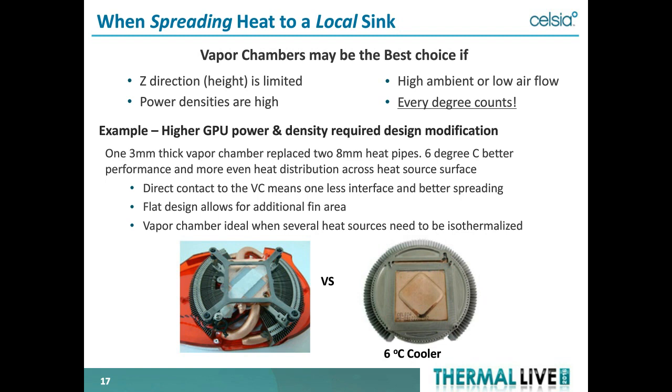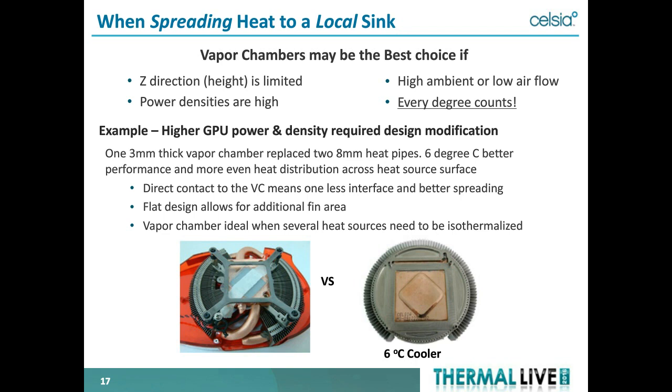In this example, what we've done is we've taken a heat pipe design from a previous generation of graphic chip coolers. Obviously, the power densities and the powers have gone up for the next generation, and they wanted to use the same basic shape and form factor.